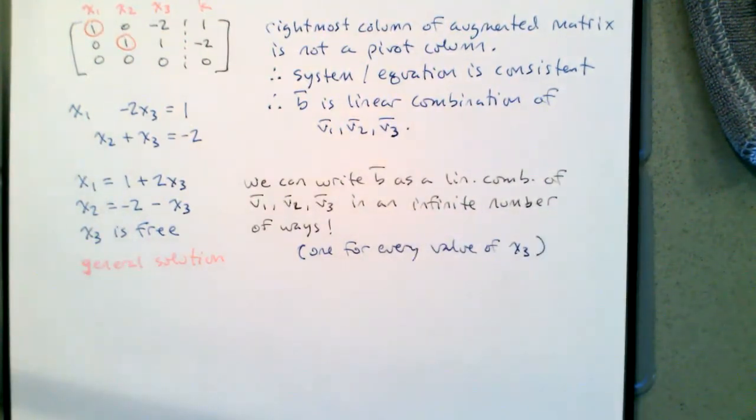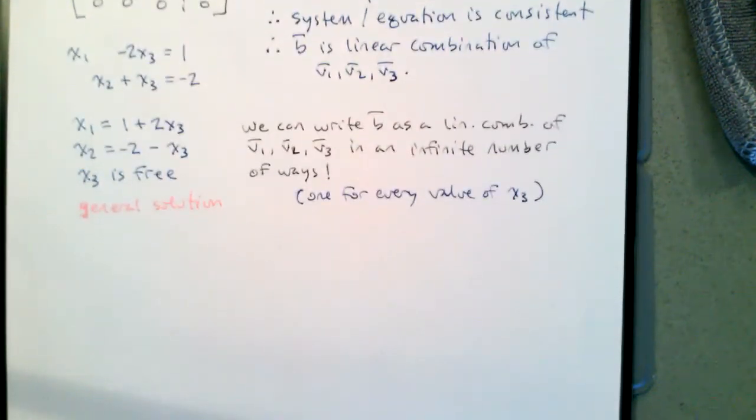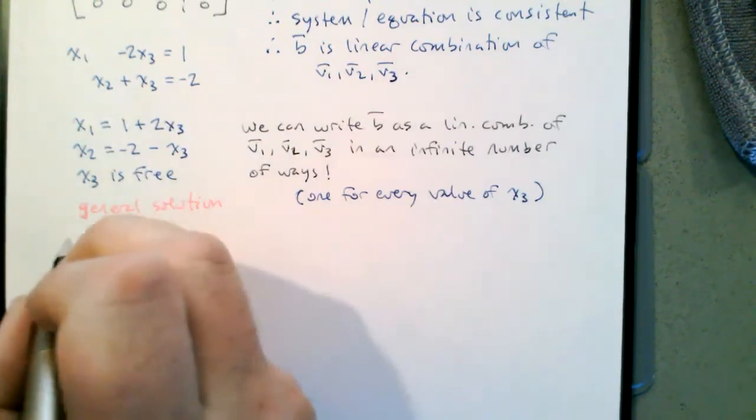So if x3 is 0, here the general solution is x1 is 1 plus 2x3, x2 is -2 minus x3, and x3 is free. So let's write down some solutions.